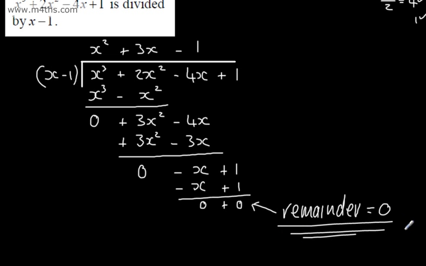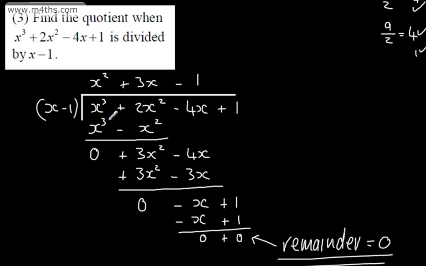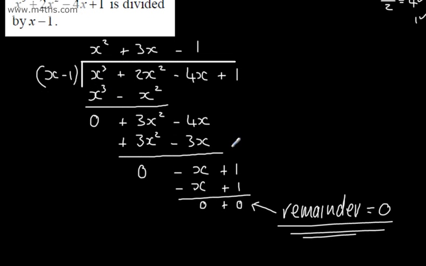What this is telling me is that x minus 1 is actually a factor of this cubic expression. And if we look at that, if we take x minus 1 and substitute 1 into here, 1 plus 2 minus 4 plus 1 is 0. Later on we will look at the factor and remainder theorem, but that gives me the confidence to know that I'm correct.